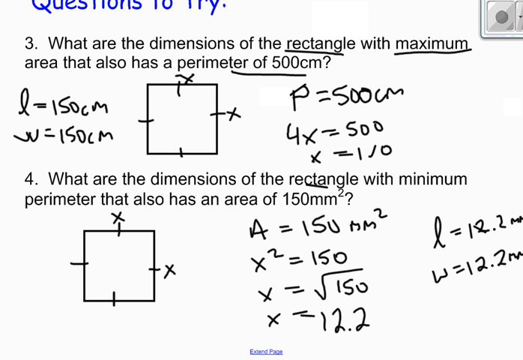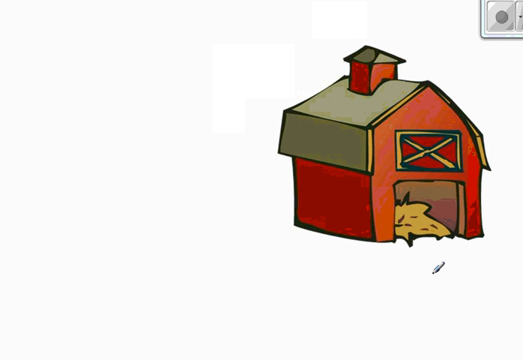Now, I do want to make one little comment about when you do optimization in grade 10. In grade 10, you're going to be doing optimization again, and you're also going to be working sometimes with fences, but you're going to have different questions than this. You're going to do things like building a fence, but using the barn as one side of the fence. So something like this.